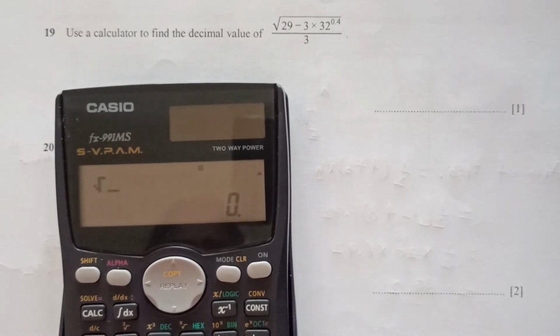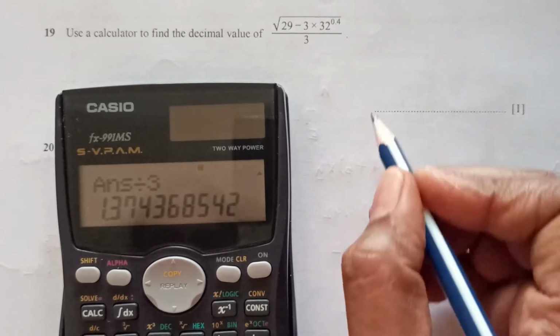Square root, then 29 minus 3 times 32 raised to power 0.4, bracket close, and then this answer divided by 3.